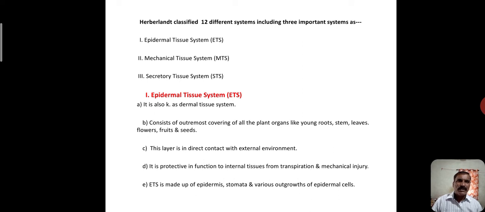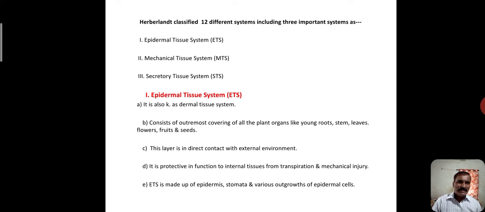Now first we are going to study the epidermal tissue system. The epidermal tissue system is also known as the dermal tissue system, and it consists of the outermost covering of all plant organs like young roots, stems, leaves, flowers, fruits and seeds. That is, it covers the whole plant organ.